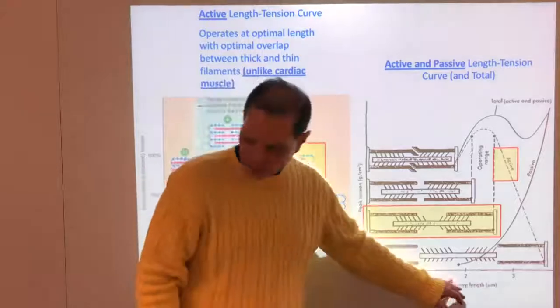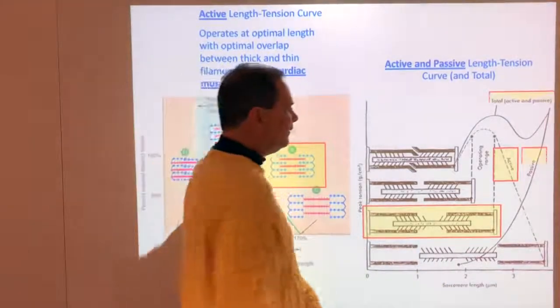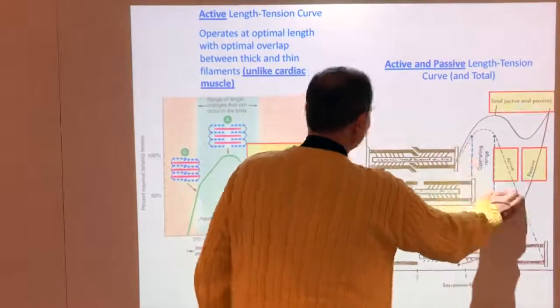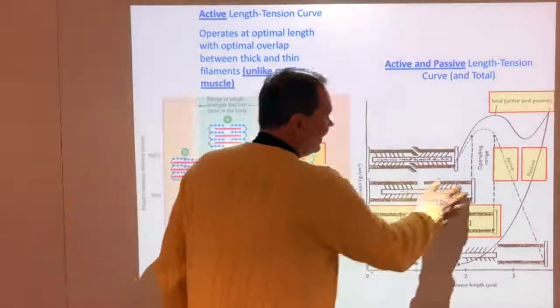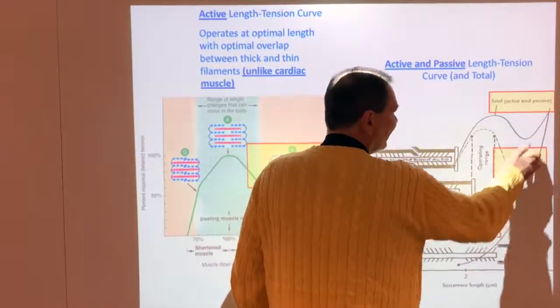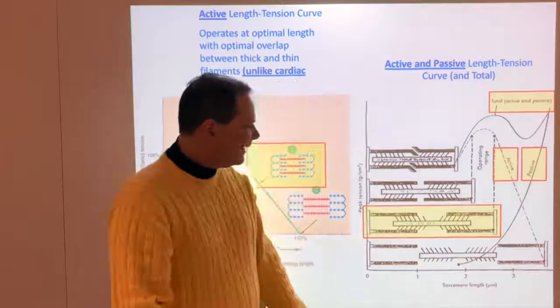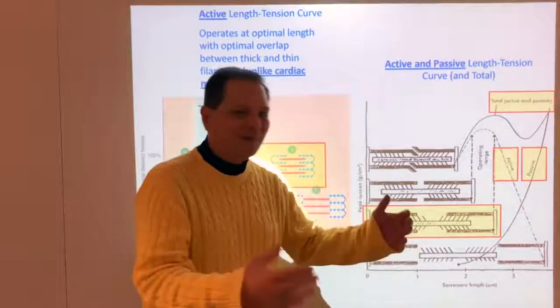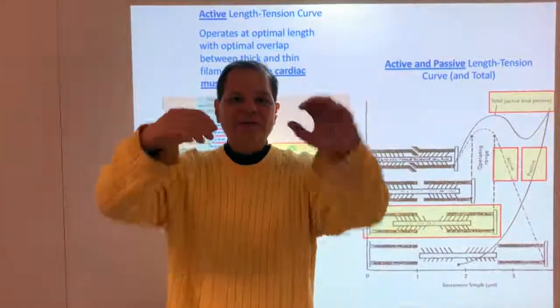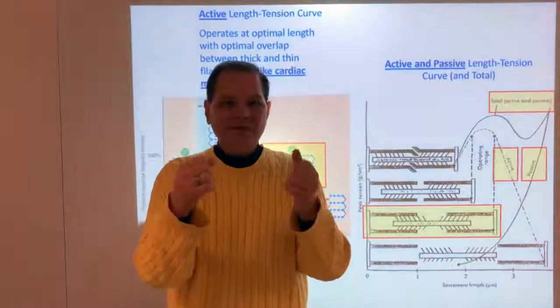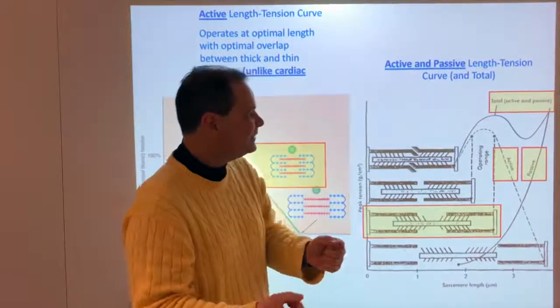Now you'll notice over here on this one, we have extra information. Here's our active curve, it's the dashed line, it's the same as this. And here we have passive tension. The passive tension is generated not because actin and myosin are interacting with ATP and forming an active contraction.